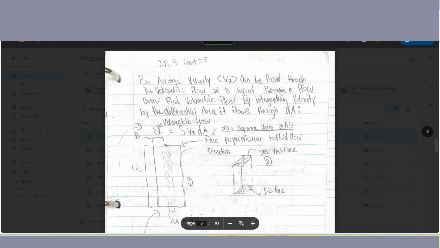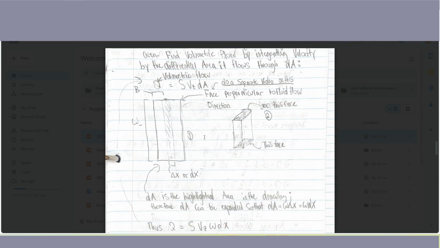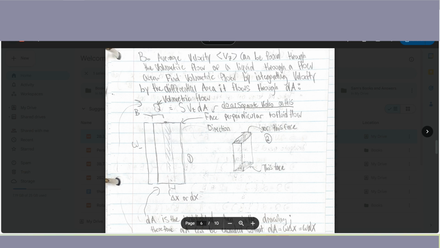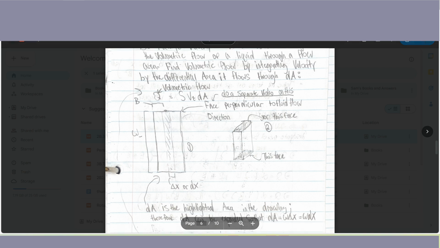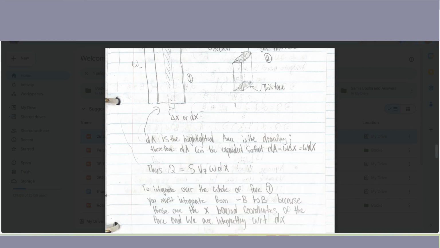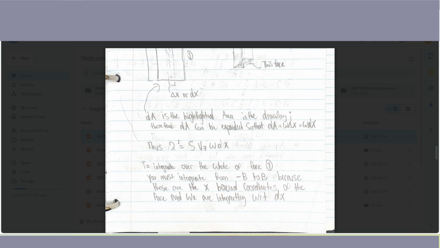So from this we can see that this here is delta x, and this is w, so dA equals delta x times w, obviously the area here. And delta x is the same as dx.